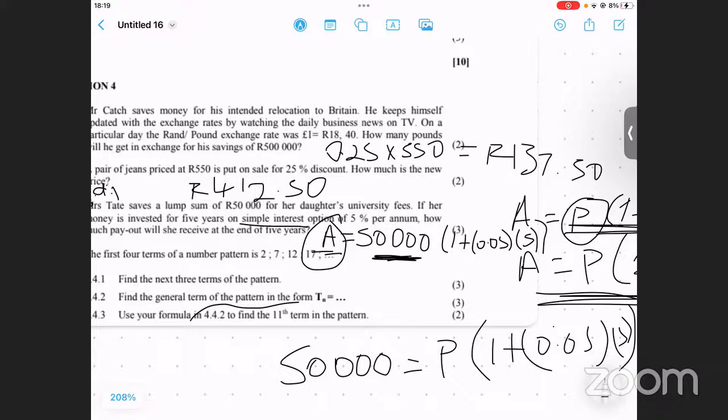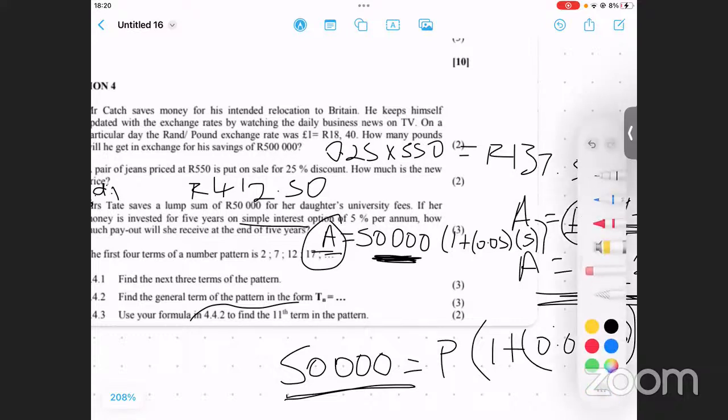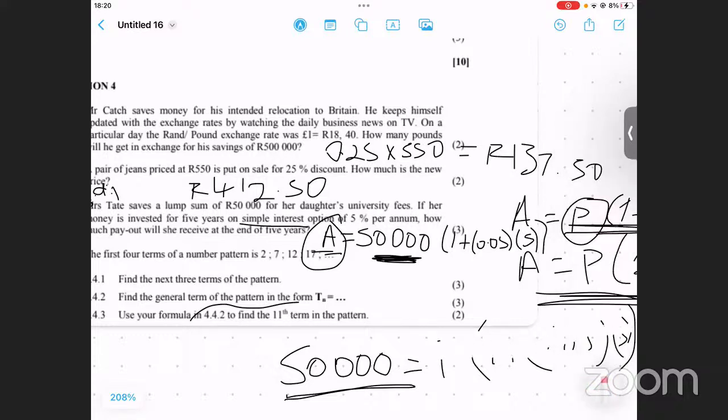But because this is the amount Mrs. Tate wants to save now, we are writing it here. I'm sure now you calculated. How much did you get?